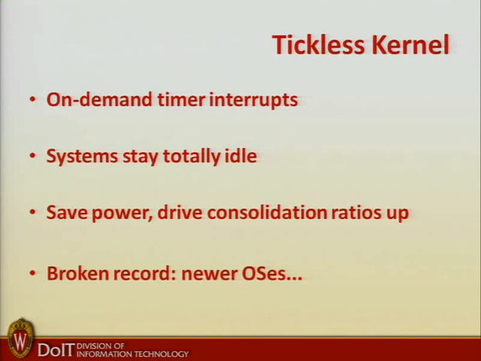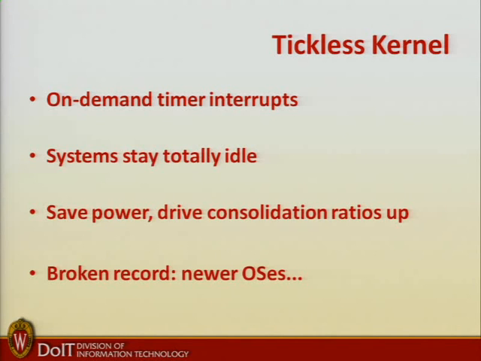So I talked about tickless kernel a little bit, on-demand timer interrupts. Instead of being in contact with the timer all the time, the VM will just go to sleep, then wake up, poll the timer. What time is it right now? Figure out what it needs to do. The mobile device folks invented this. When you're not actively running, you're saving power on a mobile device.